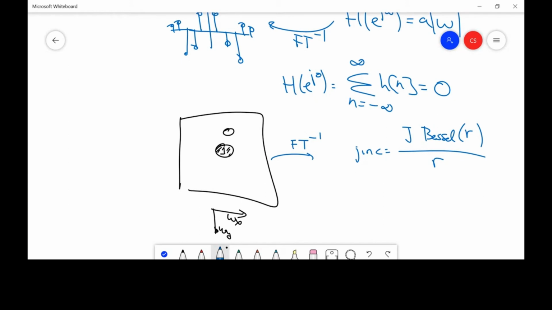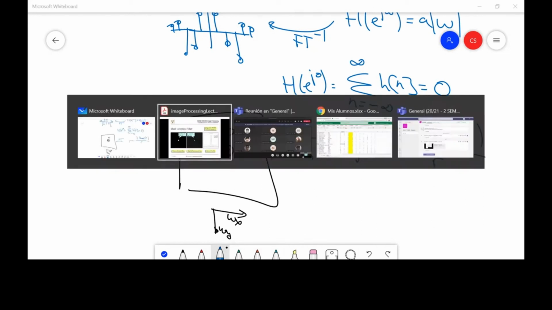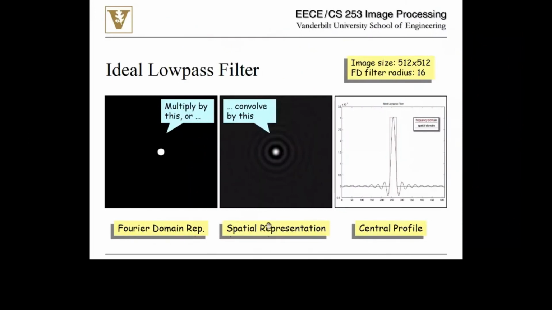In the J-Bessel function, the negative values get up to 0. It doesn't affect that. No, you really have negative values. It is like in the sinc. In the sinc, you have negative values. If you go back to the slide, the negative values are all the same in the spatial space.